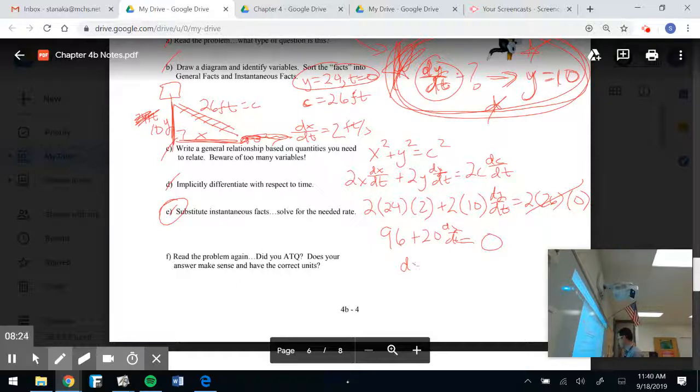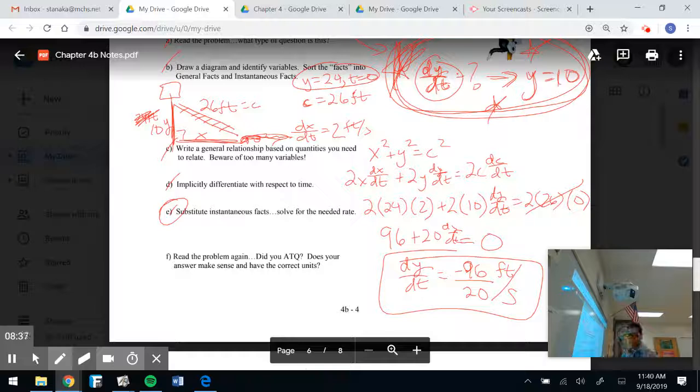And if I solve for dy/dt, I get an answer of negative 96 over 20, and my y is feet and my time is seconds. And then you just want to make sure, hey, did I answer the question? And I sure did. And here's something very important to realize, that this x rate, that x is getting bigger, right?